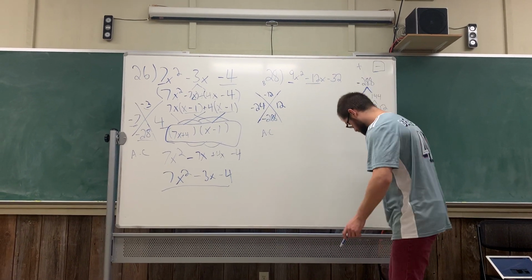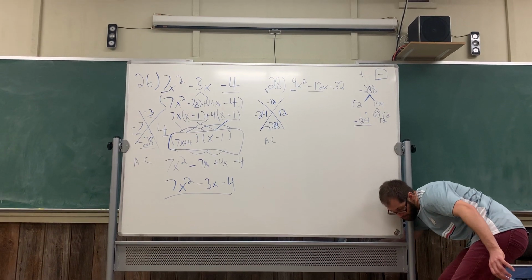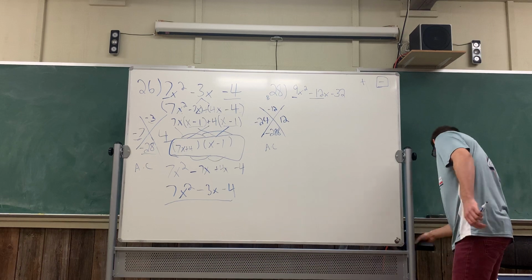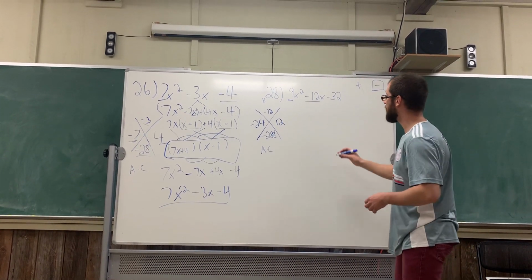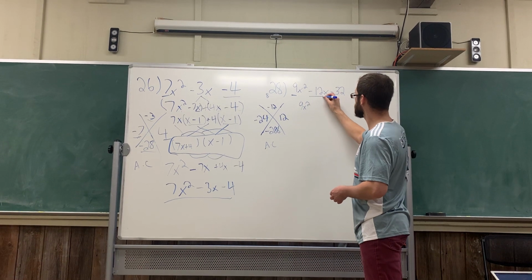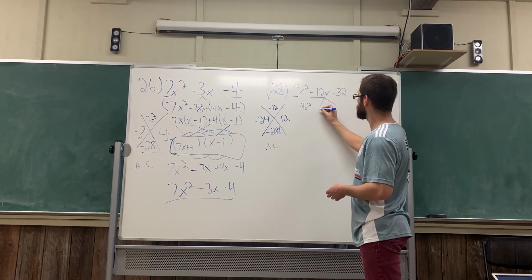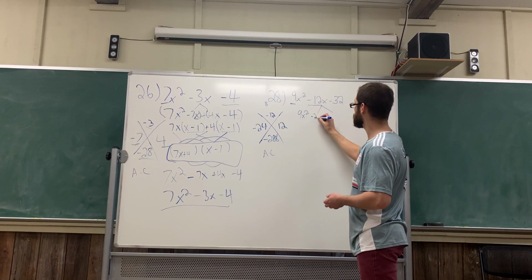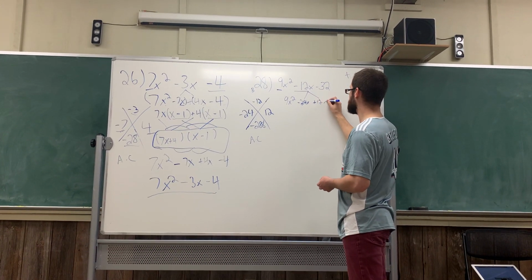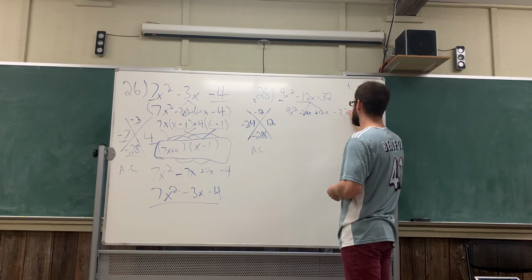Now, I'm going to need a little bit more space here, so I'm going to get rid of this. Let's look at this. 9x squared minus 24x plus 12x minus 32.